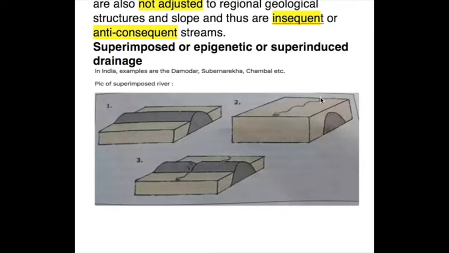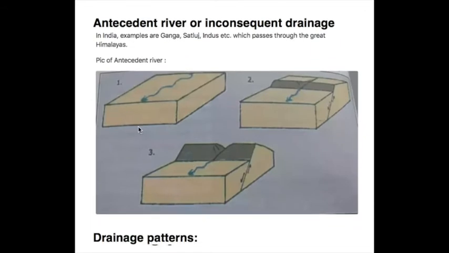And when the river starts flowing, once some material comes out from beneath, the river starts cutting and it maintains its path as in the second diagram. So that is superimposed. But in antecedent, the river was already there, whether depositional features happened or not, the river was flowing from the first instance.